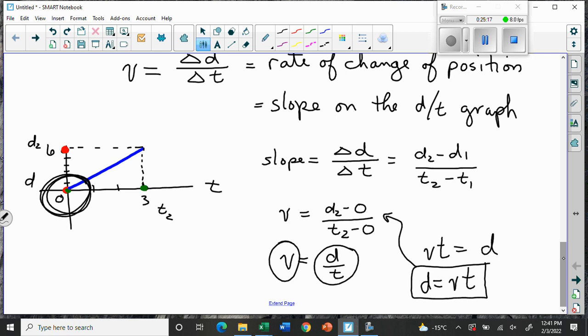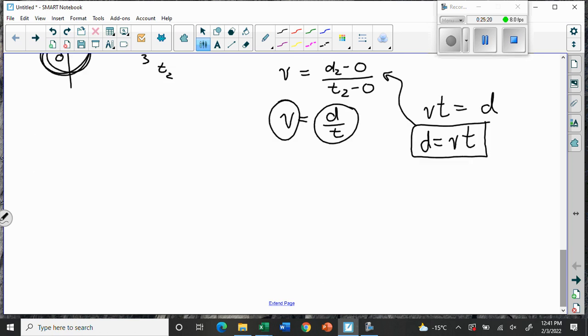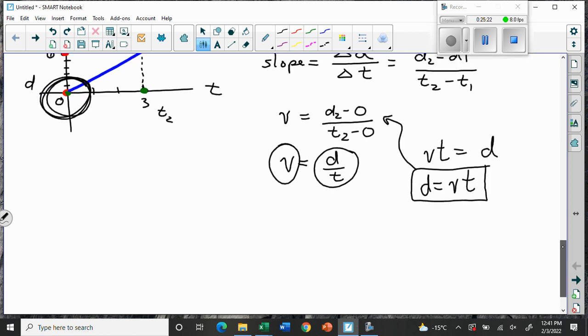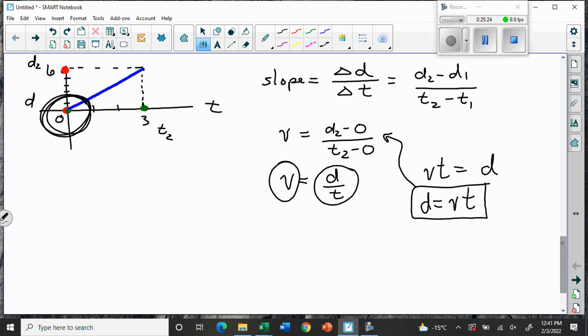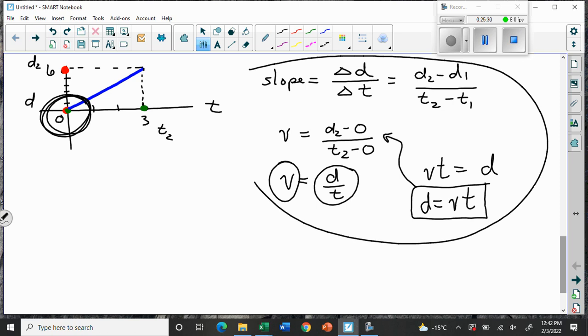Okay, so that's about as far as we'll go on this video. Maybe I could just finish this off. We could actually calculate something. Rather than go through all of this, I can use this other little shortcut that I have here, d equals vt.